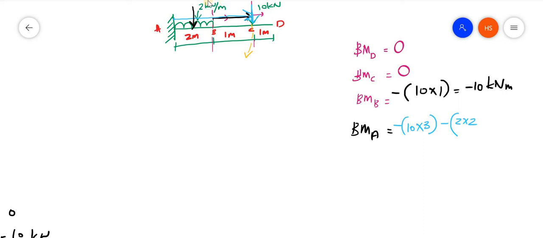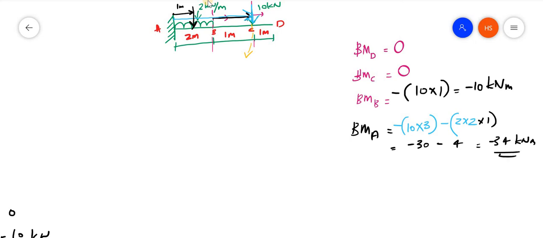So the perpendicular distance from A, this total is 2, therefore the distance will be 1 meter. That will be the lever arm. So this will be minus 30 minus 2 into 2 into 1, that is 4. That is minus 34 kilonewton meter.